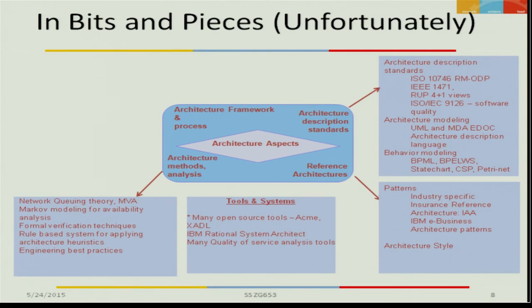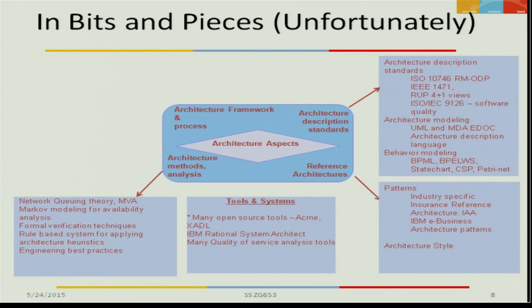In fact, software has become a part of our life today, and in that process people have touched upon different architectural aspects, and here I just wanted to give a snapshot of all these aspects.